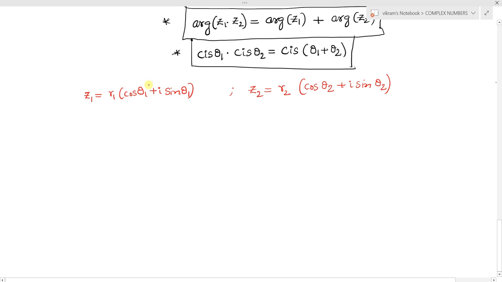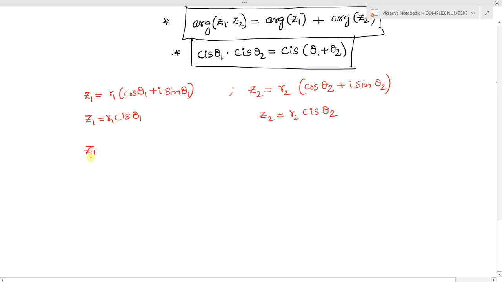What happens if it is z1 by z2? If r1 and r2 equal 1, then z1 equals cis theta 1 and z2 equals cis theta 2.